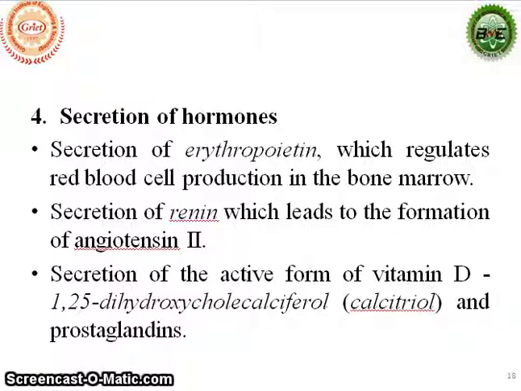So erythropoietin refers to red blood cell production, and secretion of renin leads to the formation of angiotensin 2, which is responsible for controlling blood pressure. Secretion of the active form of vitamin D, which is 1,25-dihydroxycholecalciferol, also called calcitriol, and prostaglandins, which are helpful in maintenance of bone health.